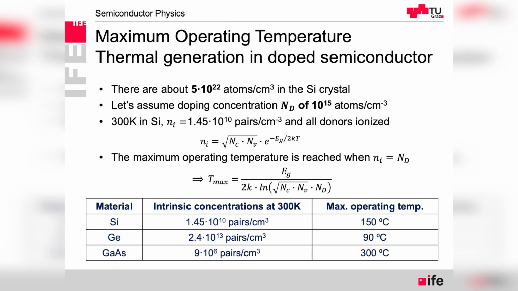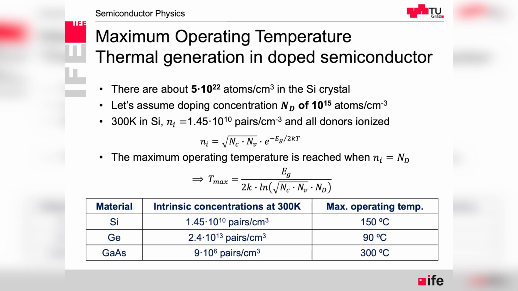The other extreme, maximum operating temperature. So we have the thermal generation of a doped semiconductor, and very soon, as we increase the temperature, it overwrites the doping concentration. What I would like to show here is a simple calculation of how we can calculate the maximum operating temperature.